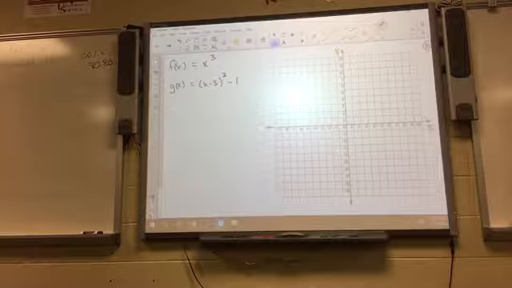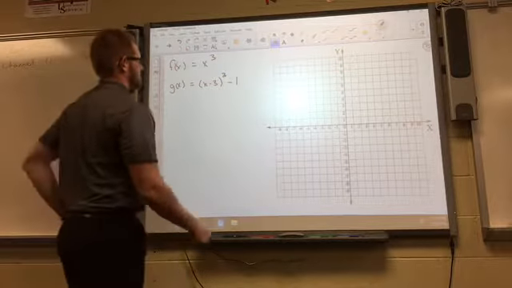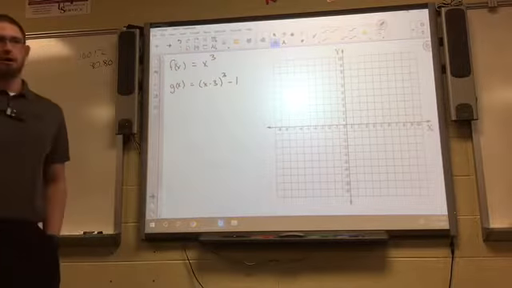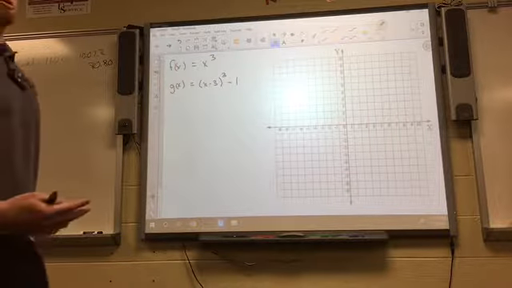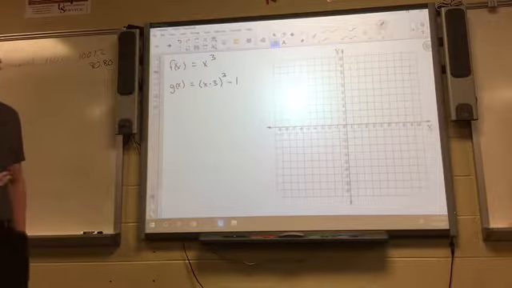Looking at our sheets, which type of transformation changes the inside of a parenthesis like that with addition or subtraction? I heard translation and stretch or shrink, but they're both horizontal. Which one is it? It's a translation.